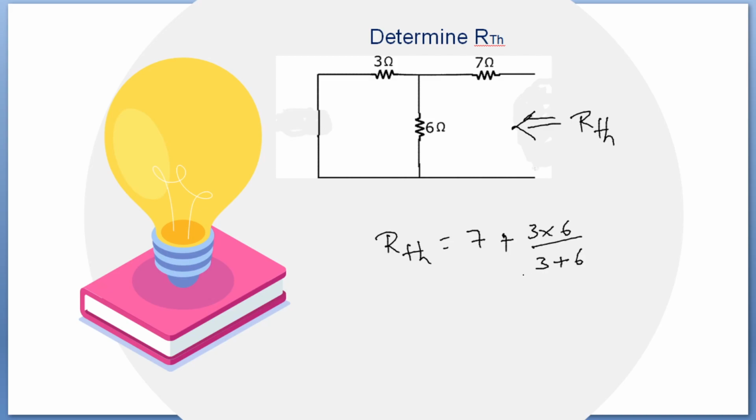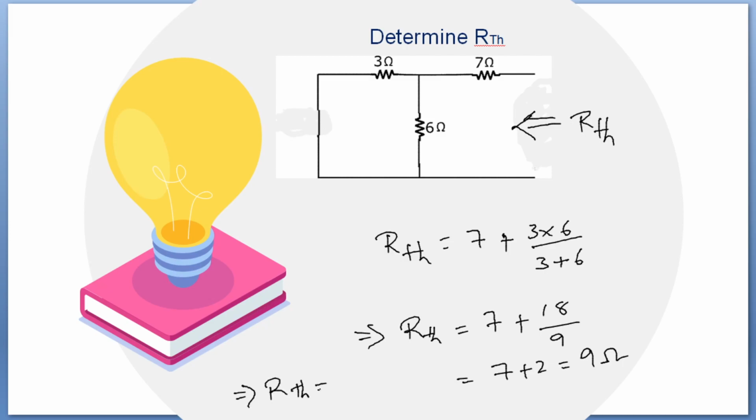So R Thevenin is equal to 7 plus 18 by 9, which is 7 plus 2, equal to 9 ohms. This is step 3.